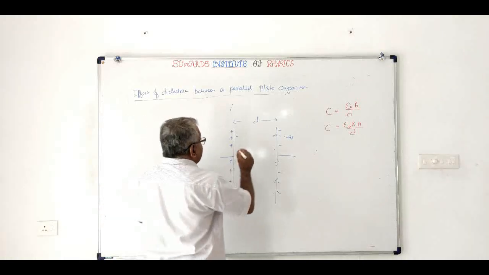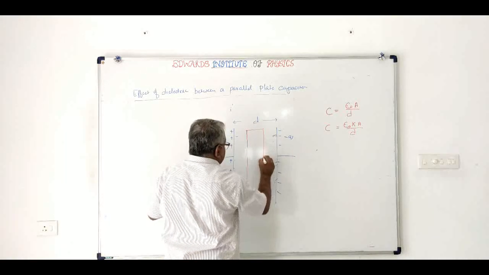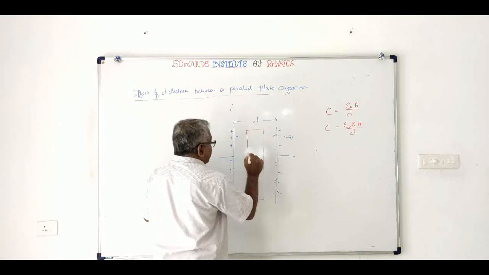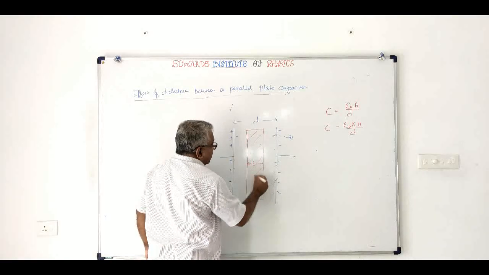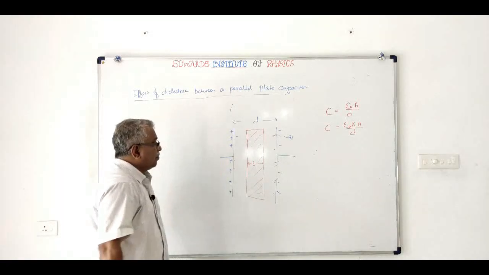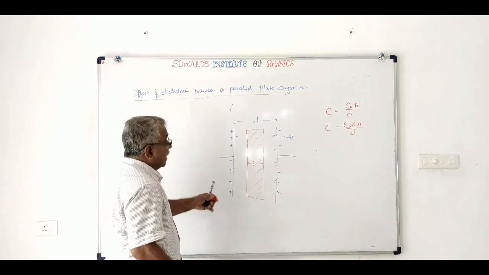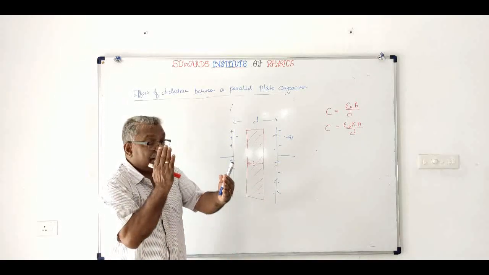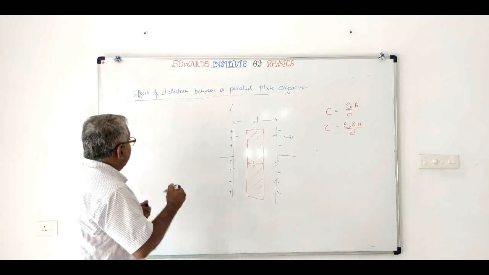Imagine that I am adding a dielectric piece of thickness T here. This is the dielectric, and the balance is vacuum. Not the entire D; I am keeping a slab of dielectric of thickness T in between the plates. Now let us see what happens.